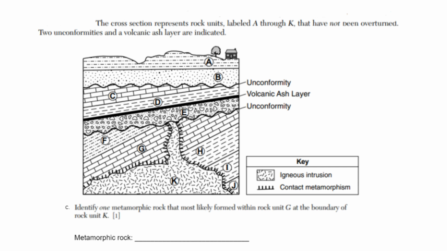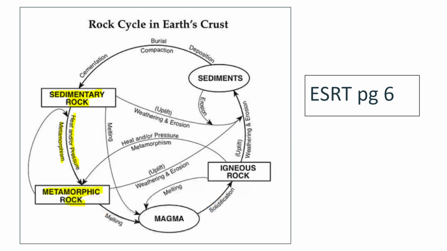Since it's asking for a metamorphic rock, what I should do is go to my ESRT, or Earth Science Reference Table, page 6 and page 7, because when I'm asked about rocks, a lot of times they want you to go through page 6 and 7, all the rock charts. On page 6, you'll find how each rock is formed.